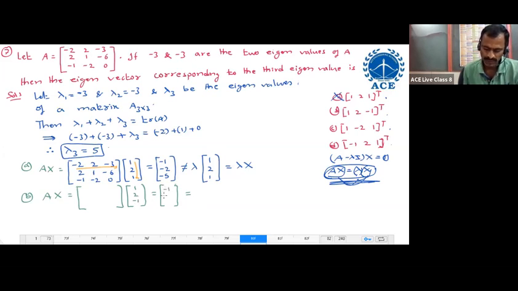The first two are the same. Next, minus 1, minus 4, minus 5.